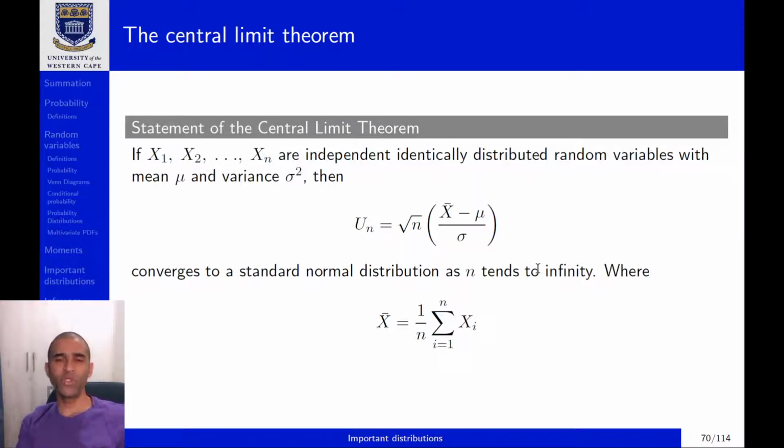So this theorem simply generalizes the earlier statement with regard to x bar. There's no mention of being drawn from a normal population in this instance. So all it is saying is, it doesn't matter where we draw the samples from. It doesn't matter what the underlying distribution looks like. When we apply this transformation using x bar estimated from that sample, the statistic converges to a standard normal distribution as n tends to infinity.